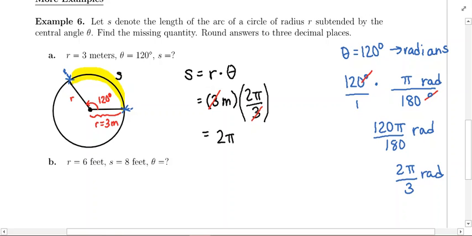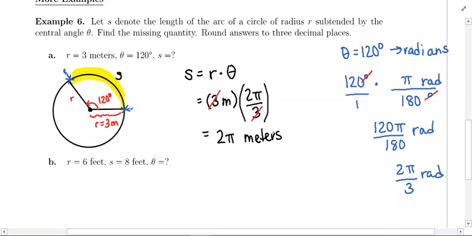Be careful with the units here. We know you've kind of got radians on the brain here, but remember, you're calculating an arc length, and so arc length is going to have the same measurement as the radius, because you're calculating a length here. So it's going to be 2 pi meters. If you read the directions carefully, it says to round your answers to 3 decimal places.